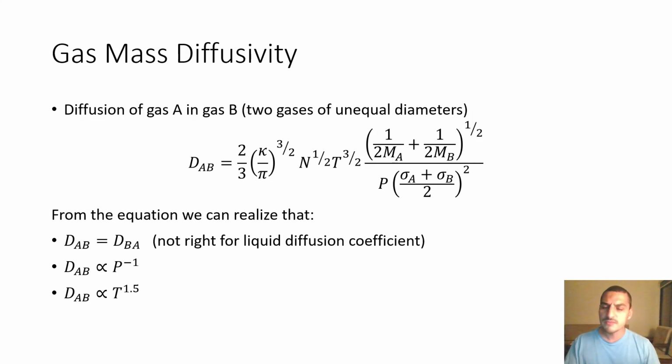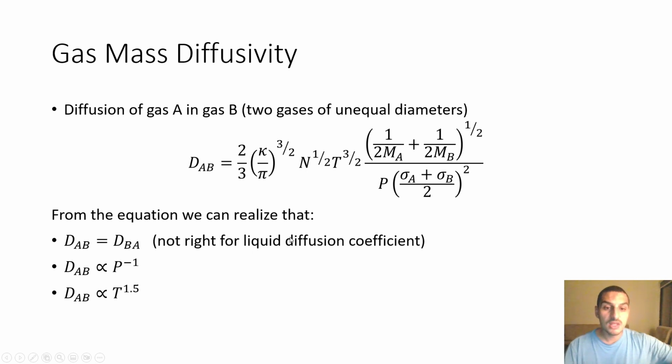The same for temperature: if you increase the temperature, the molecules gain more energy and the spaces increase, so you have easier diffusion. It makes sense that a higher temperature will lead to a higher diffusion coefficient.